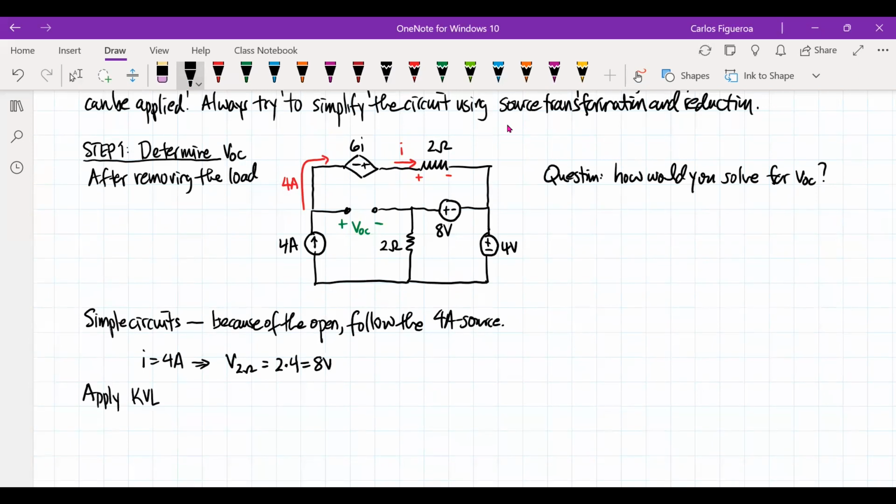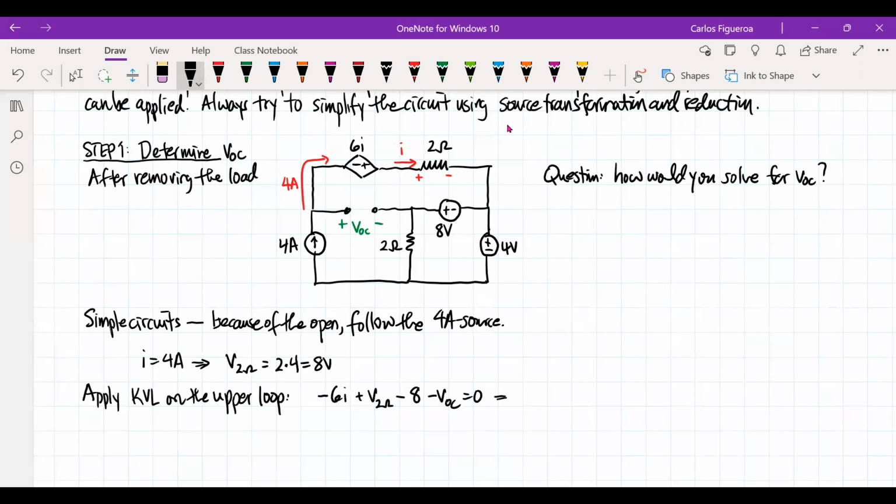So now what I'm going to do is apply KVL on the upper loop. And if I do that, it tells me this. Starting with my negative source here, with the dependent source, I get 6I1 plus the voltage of the 2 ohm minus the 8 minus VOC is equal to 0.